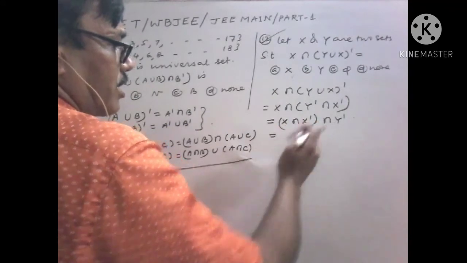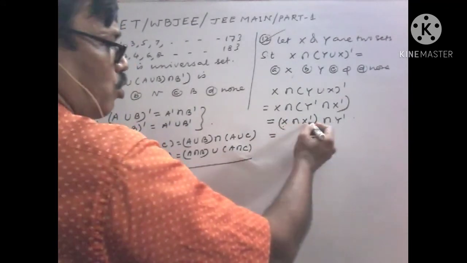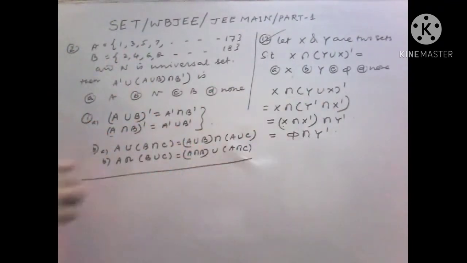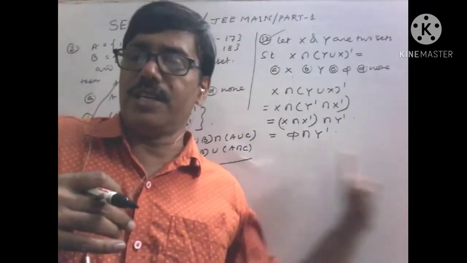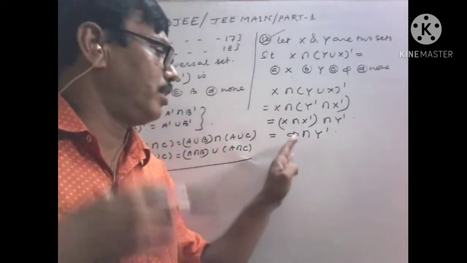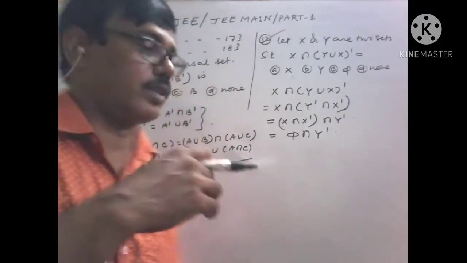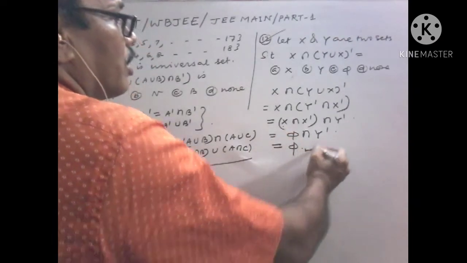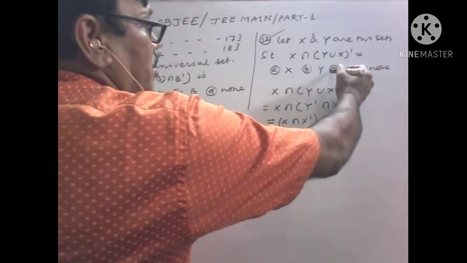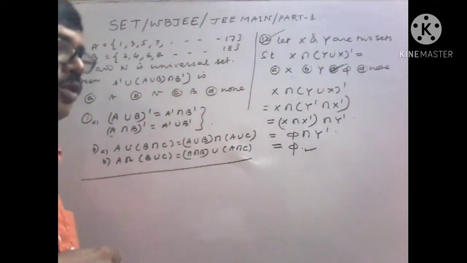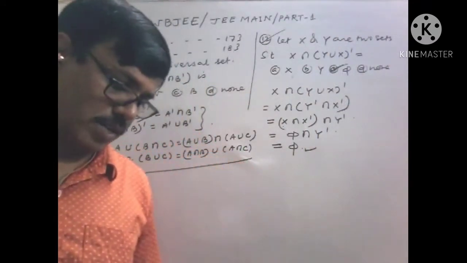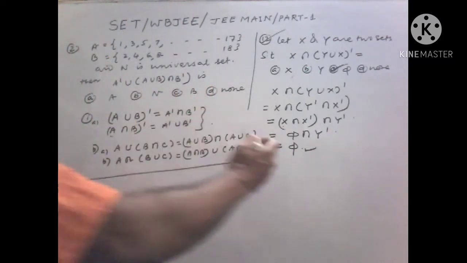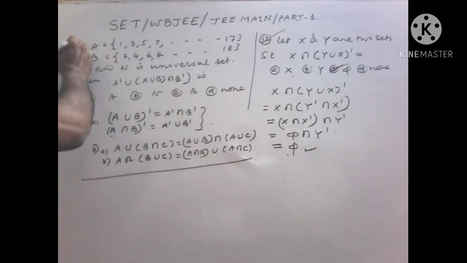X intersection X dash has no common part, so this is phi intersection Y dashed. If we take the intersection of two sets, the result will be the smaller one. So phi intersection Y dashed is phi. This is a very simple problem of WBJEE, a 1 or 2 marks problem. Now we consider problem number 2.